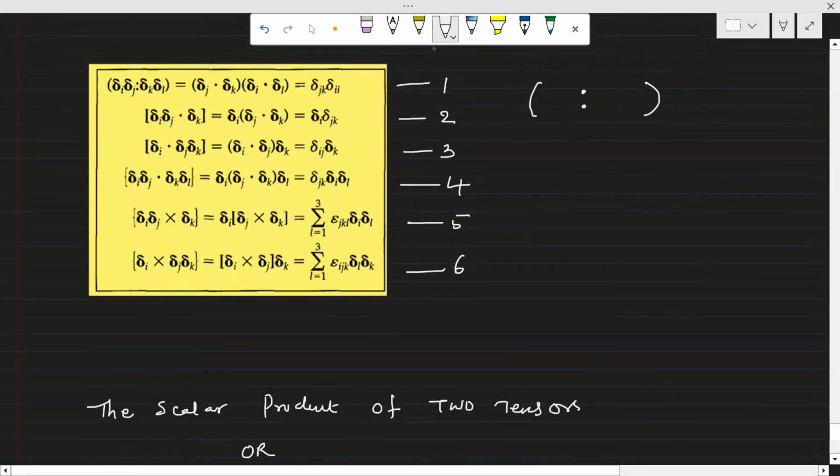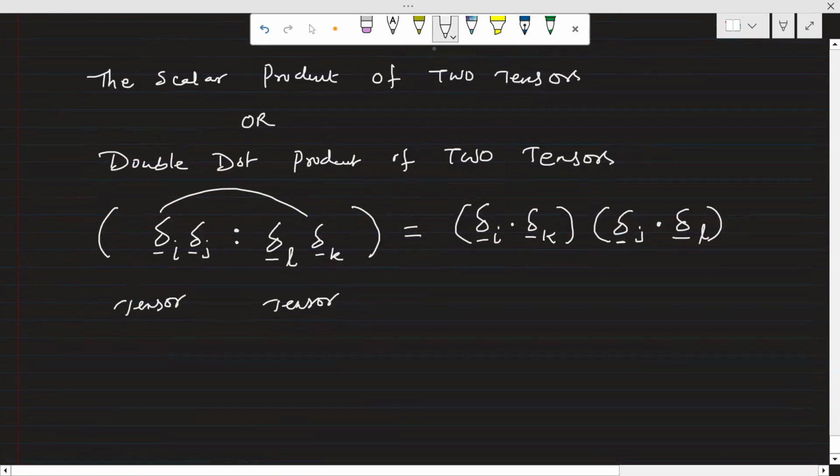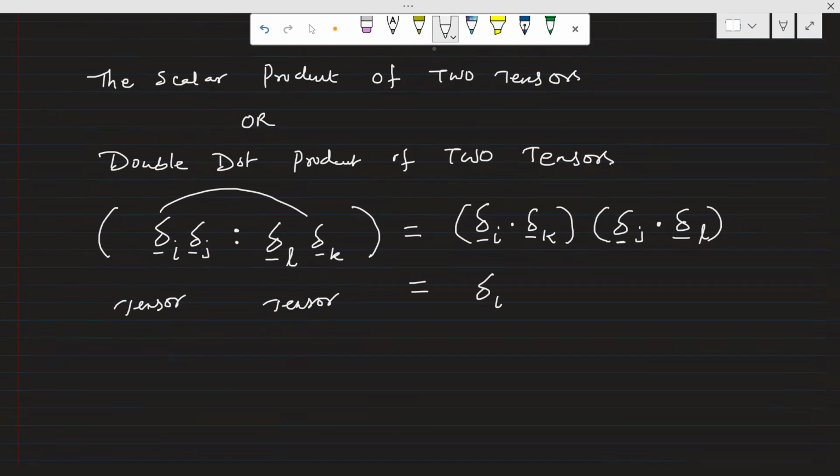Again, you know the dot product of the two unit vectors. So this is del i dot del k. This is del j dot del l. So this is an important operation. We will see some scalar product of two tensors, double dot product of two tensors again. Okay. Hope you got the point.